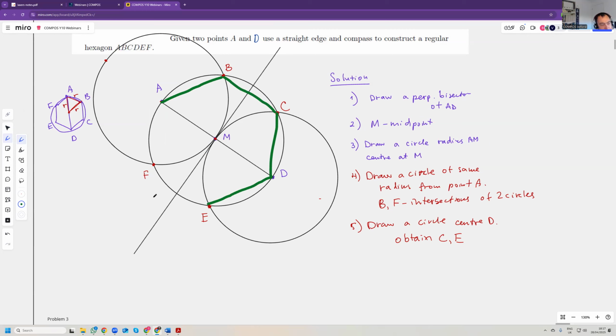Did you know how to do this question before I solved it? Yes or no? Did you know how to do this before I did it? Maybe not the same method. Maybe you thought of a longer way of doing it.